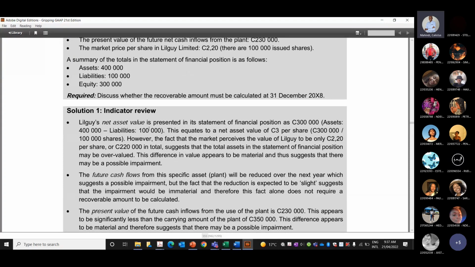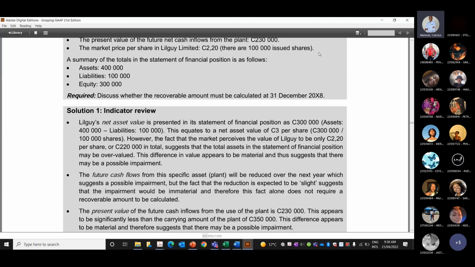This equates to a net asset value of $3 per share. However, the fact that the market perceives the value of Ilgai to be only 2.2 per share, or 220,000 in total, suggests that the total assets in the statement of financial position may be overvalued. This difference in value appears to be material and suggests that there may be an impairment. So we looked at that part.